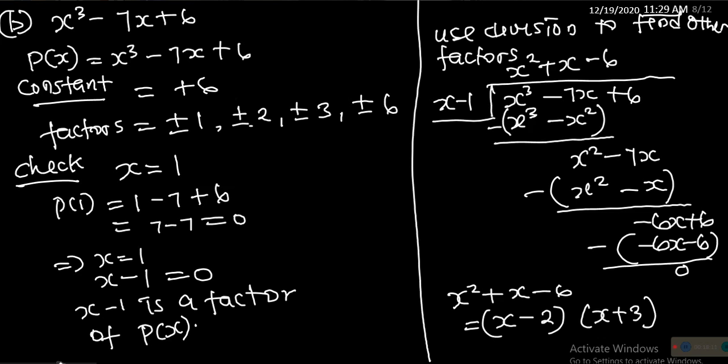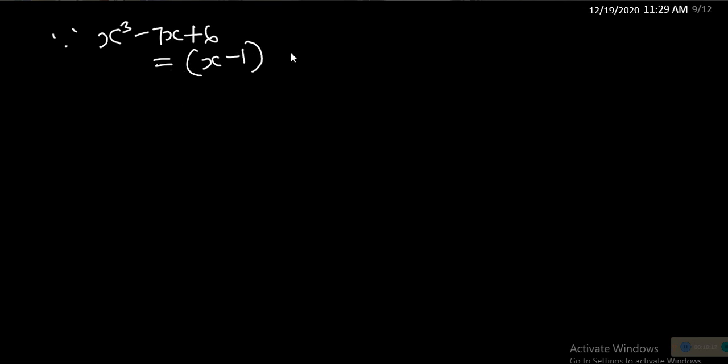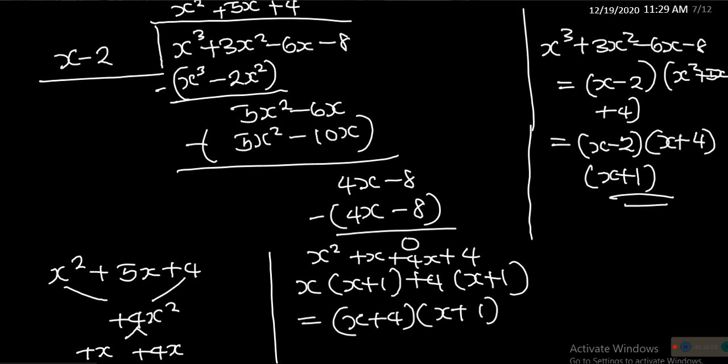Therefore, x cubed minus 7x plus 6 can be written as x minus 1 into x minus 2 into x plus 3 are the factors of that, and we've answered the whole question.